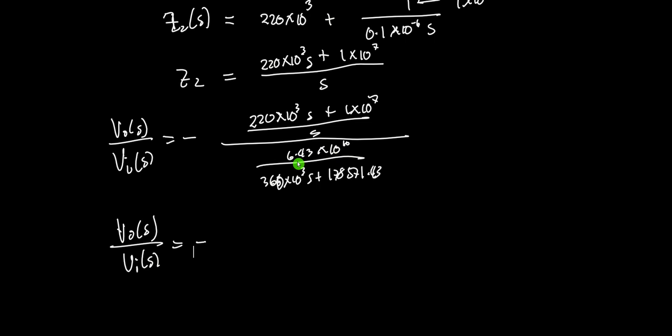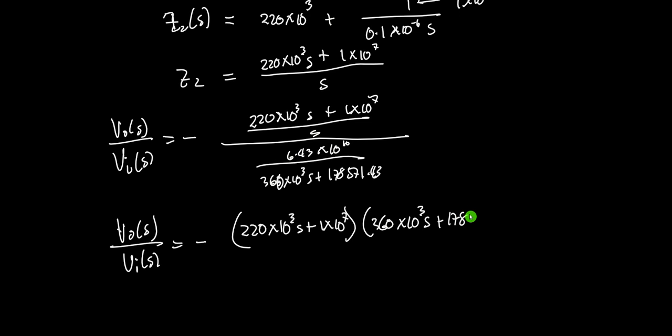We just multiply by the inverse of this, and we have 220 times 10 to the 3 s plus 1 times 10 to the 7, multiplied with this one, 360 times 10 to the 3 s plus 17857.43, and this is all over s times this one, 6.43 times 10 to the 10 times s.